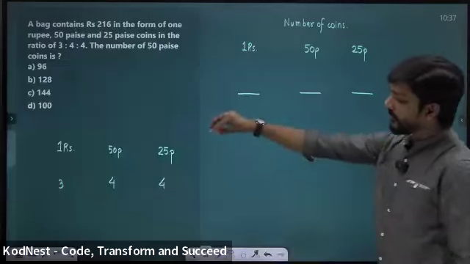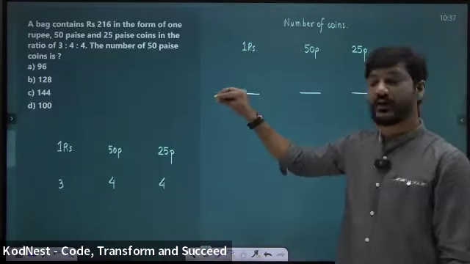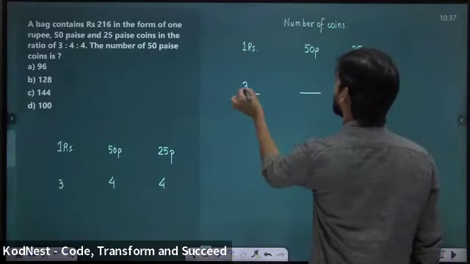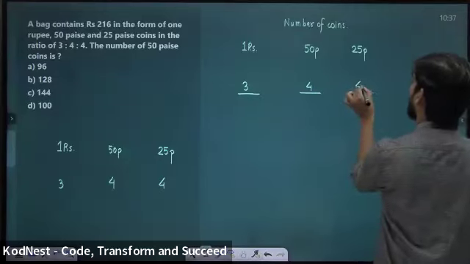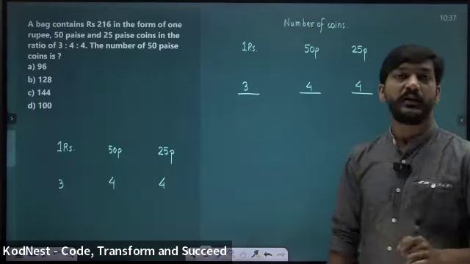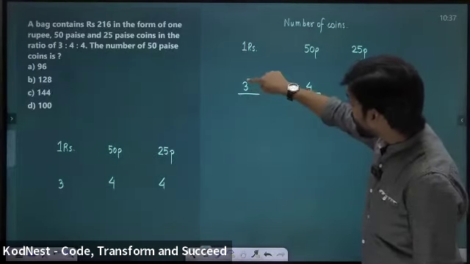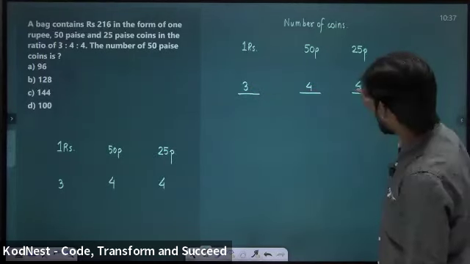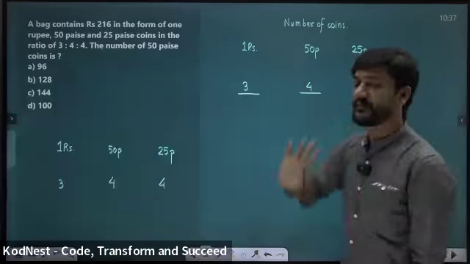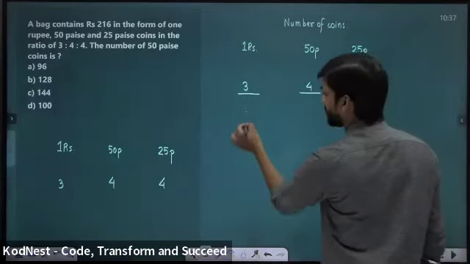I'm directly taking these values from the ratio. So 3, 4, and 4. Now carefully answer. This number represents the number of coins of these types. Please carefully answer.